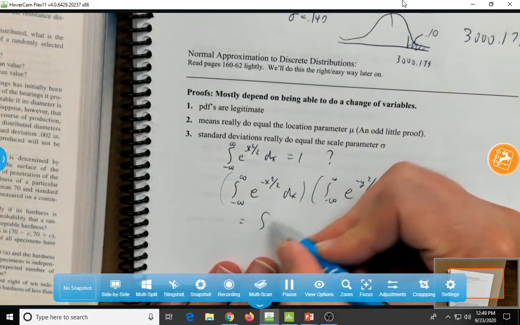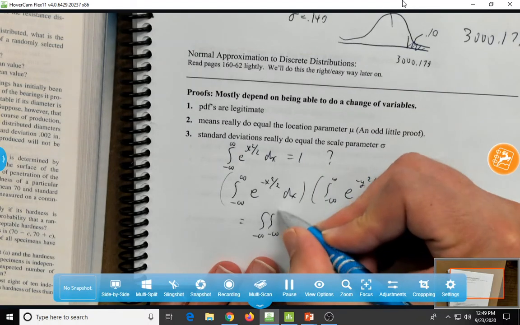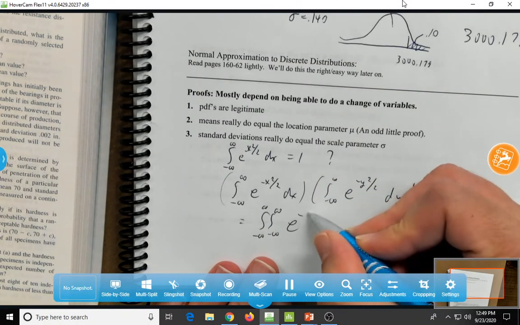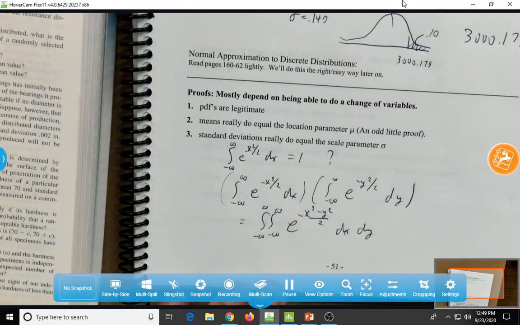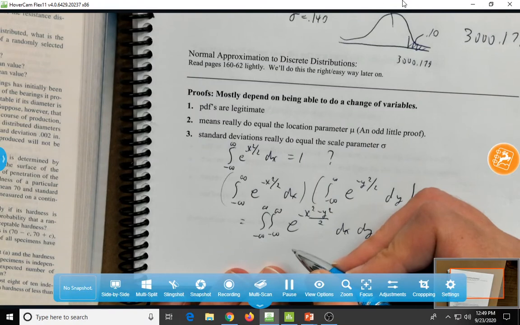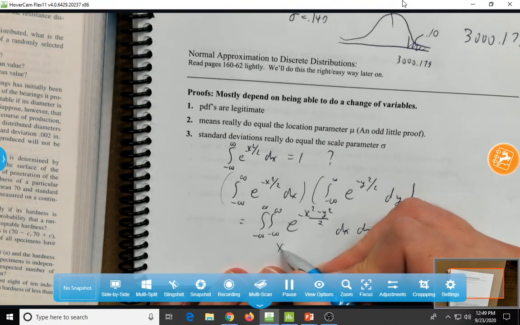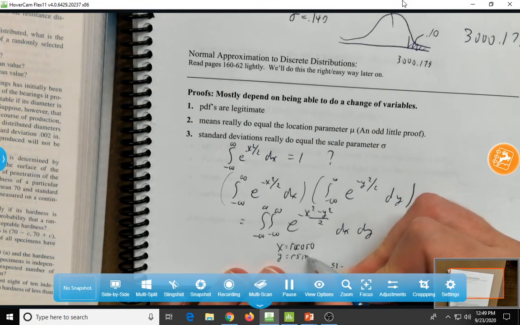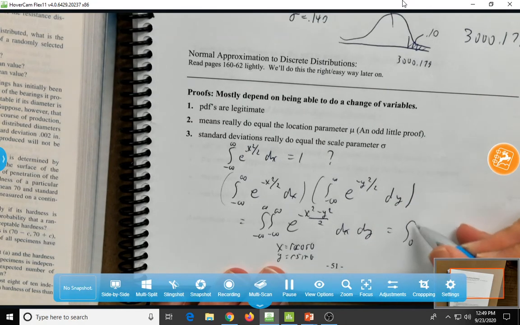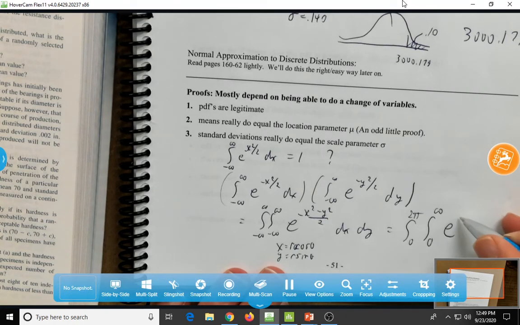What I get is this double integral of e to the minus x squared minus y squared over 2 dx dy, and I change it to polar coordinates. So x equals r cosine theta, y equals r sine theta. So I get the integral from 0 to 2 pi, 0 to infinity of e to the minus r squared over 2.